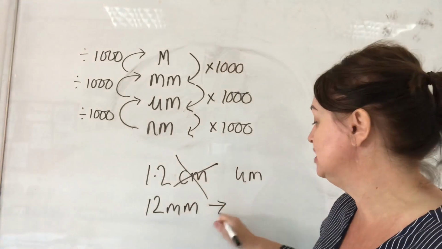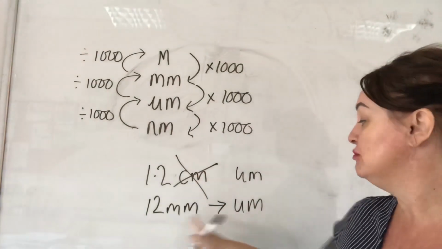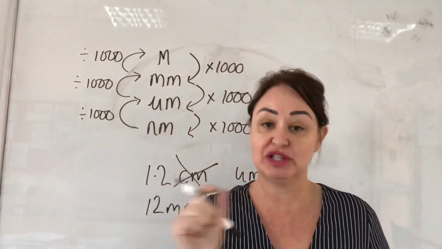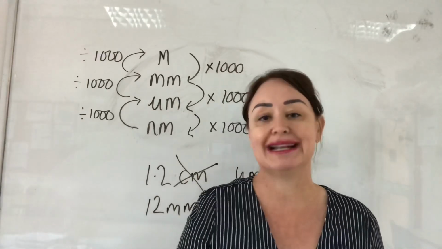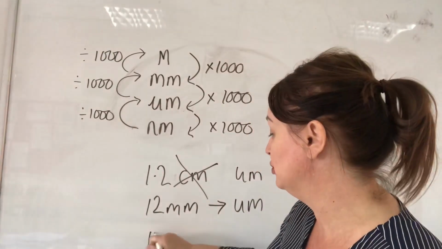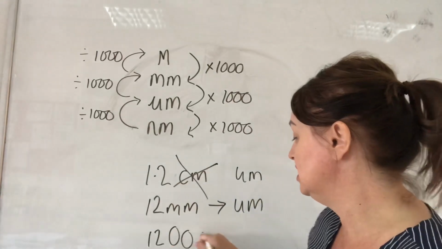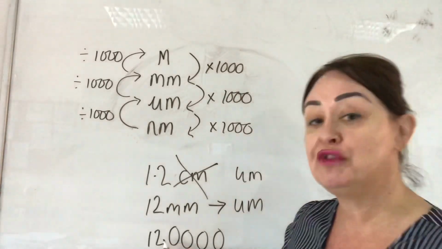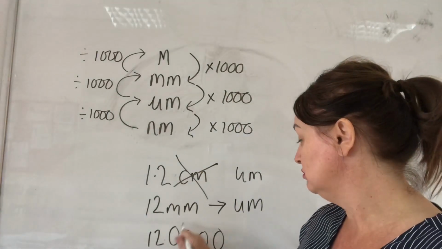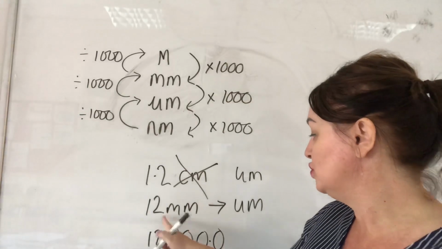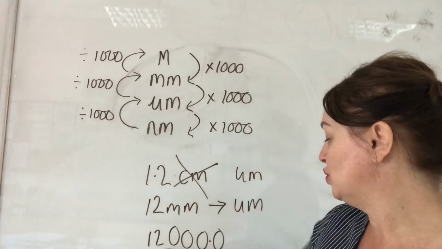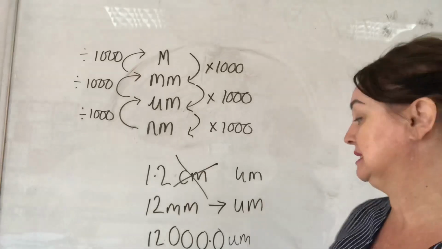To move it into micrometres, I'm moving to a smaller scale of measurement, so I'm going to have more of them. So the number's going to get bigger. So I know I'm going to put a 12, I'm going to put some zeros, and then I'm going to move my decimal point. 1, 2, and 3. So 12 millimetres becomes 12,000 micrometres.